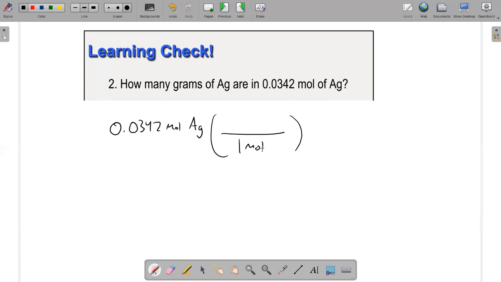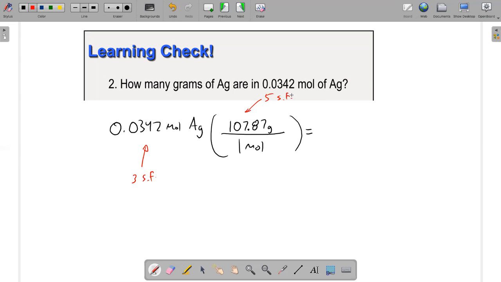Well, 1 mole is in the denominator, and then you look on the periodic table, and it's 107.87. There's no math to do because it's just a single element. But this 0.0342 has 3 significant figures, and the 107.87 has 5 significant figures. So the answer should only have 3.